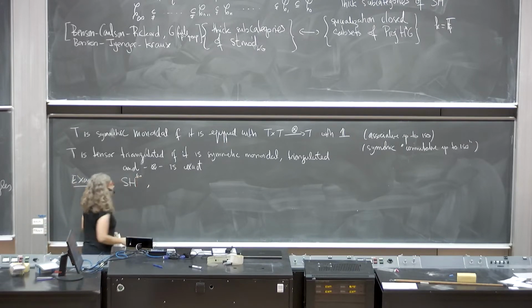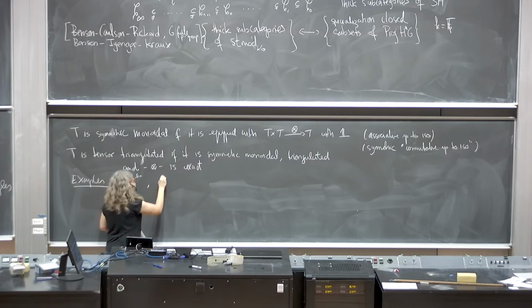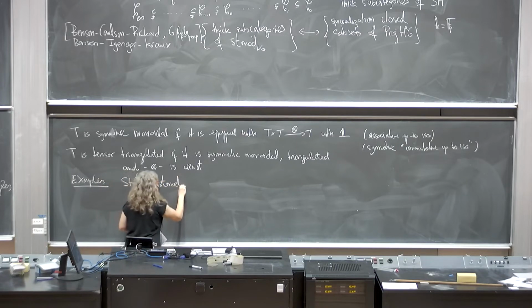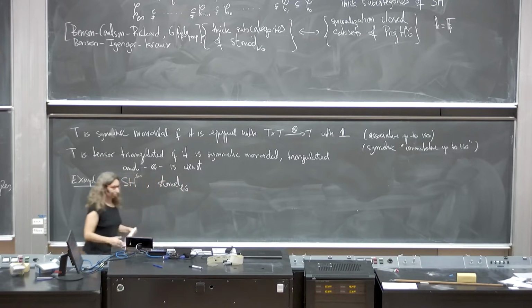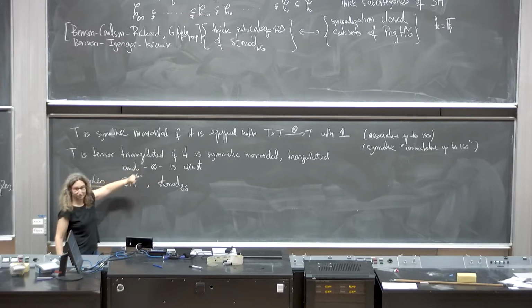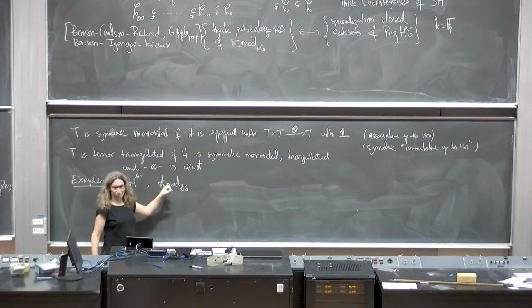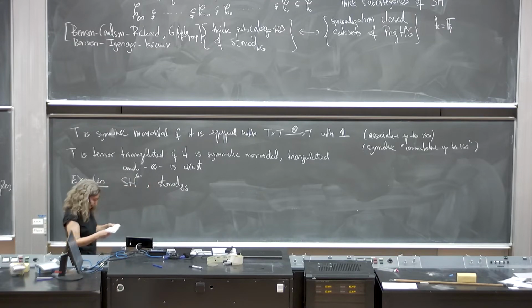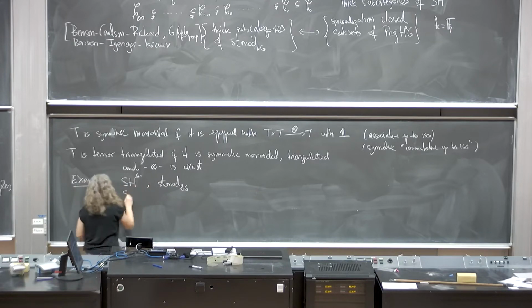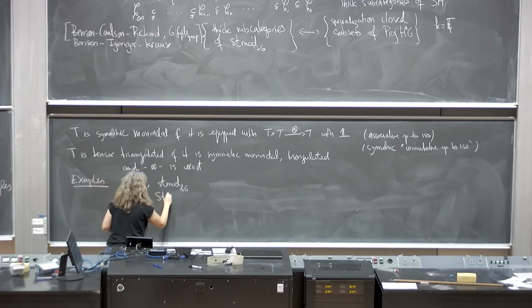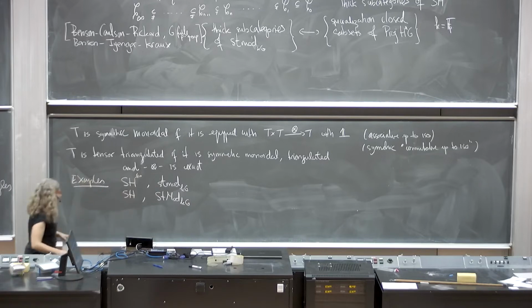So this is an example, and this is another example. I can remove fin and write capital letters, but let me just keep it this way. And there are other examples.